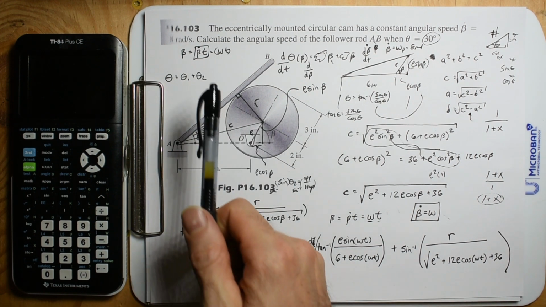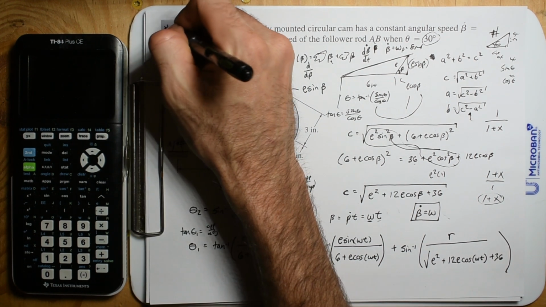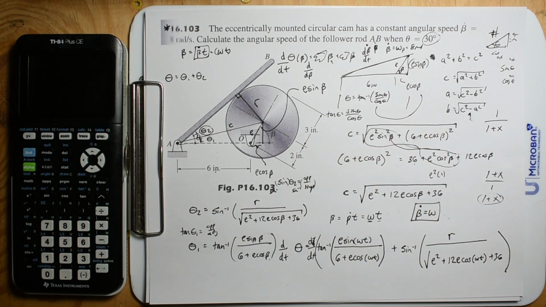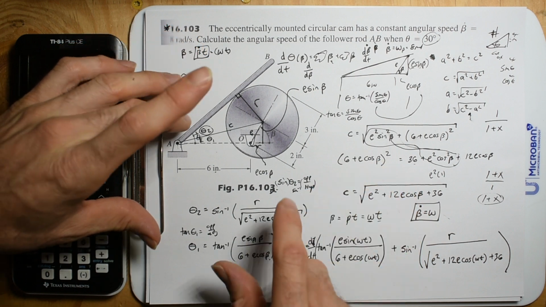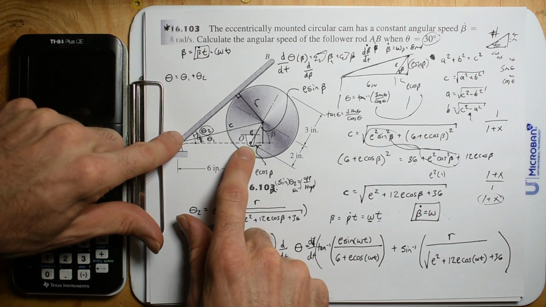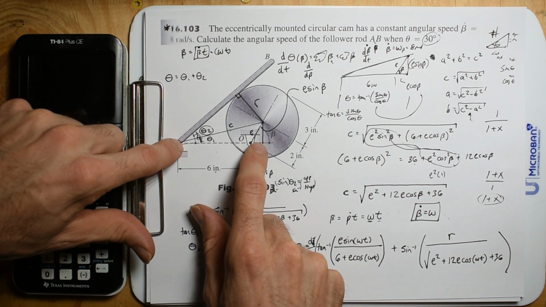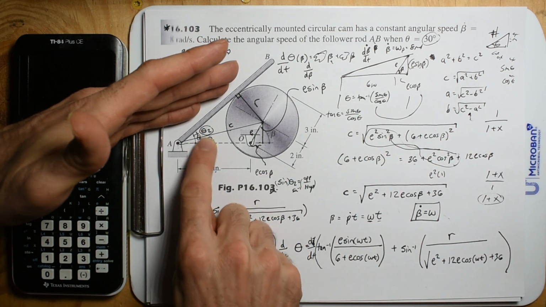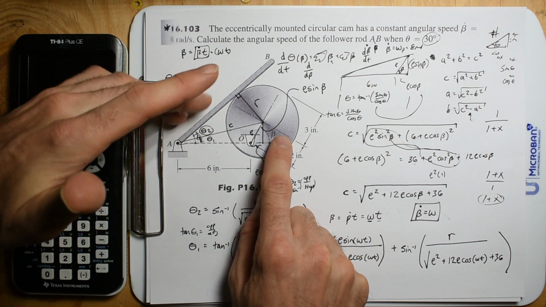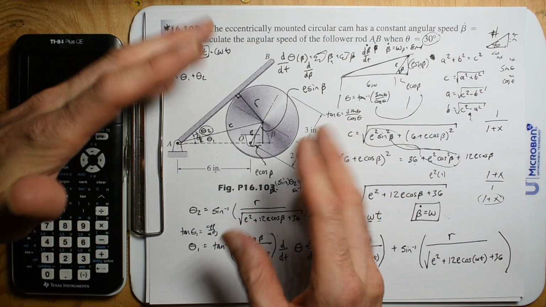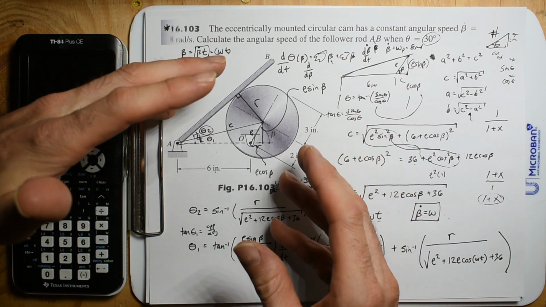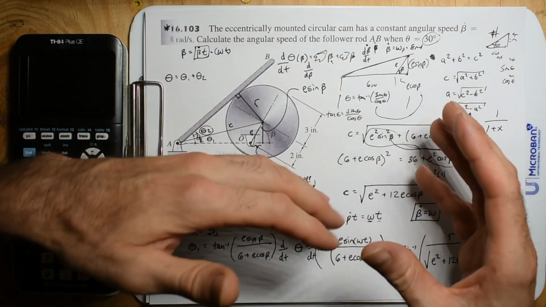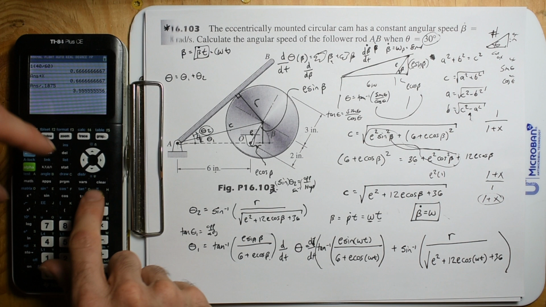For a starred problem, this one's turning out really well. I'm so glad I did it this way, because the thought experiment is: how do you see this geometry? One, you have to know what you're actually trying to do. You're trying to find this angle in terms of beta, but you have to do it using geometry, usually right triangles, because if you have a right triangle, we have these things called sines, cosines, and tangents, and they're programmed into our calculator.